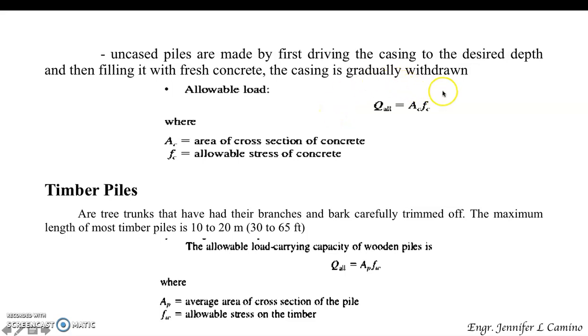The casing is gradually withdrawn. For this one, the allowable load is equal to the cross-sectional area of the concrete multiplied by the allowable stress of the concrete. Then for timber piles, the maximum length is 10 to 20 meters. Its allowable carrying capacity is equal to the average cross-sectional area of the pile multiplied by the allowable stress of the timber.